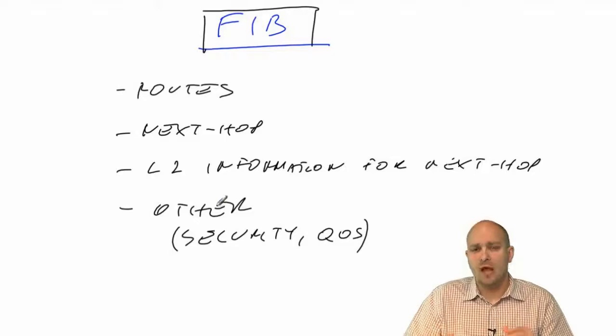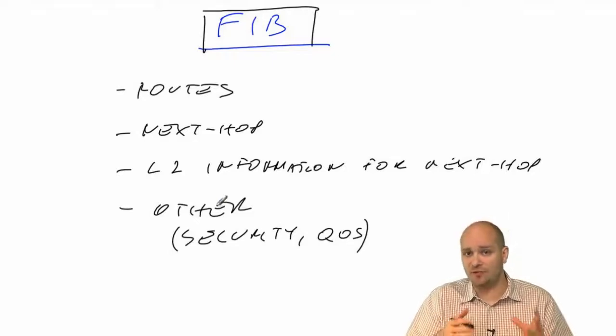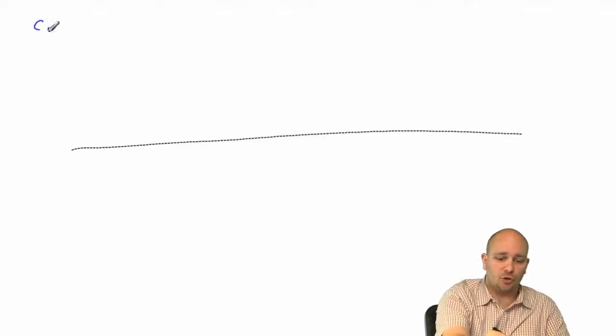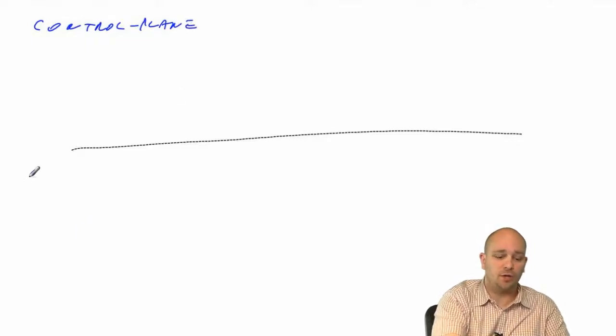Now, let me show you what is the relationship between different databases in a Cisco switch. When we are talking about forwarding of traffic in Cisco switches, as I said, we have to think about two separate processes on the switch. We have to talk about the control plane processes, and we have to talk about the forwarding plane.